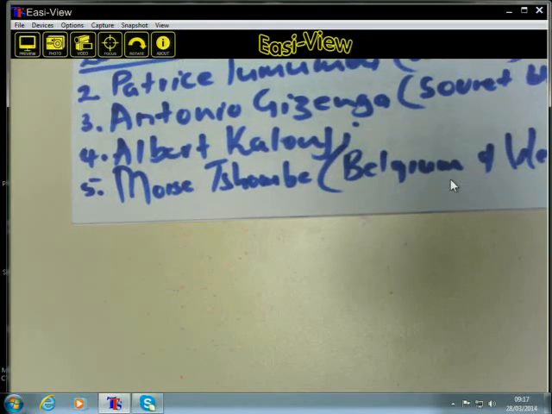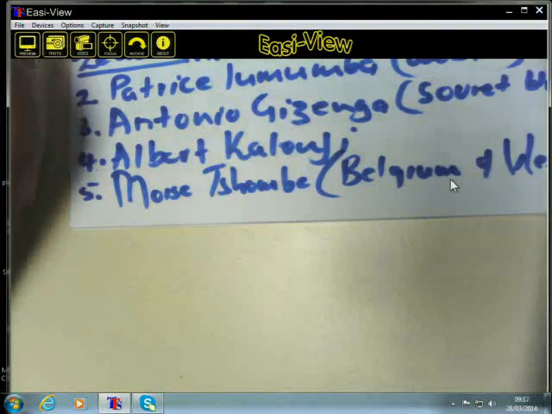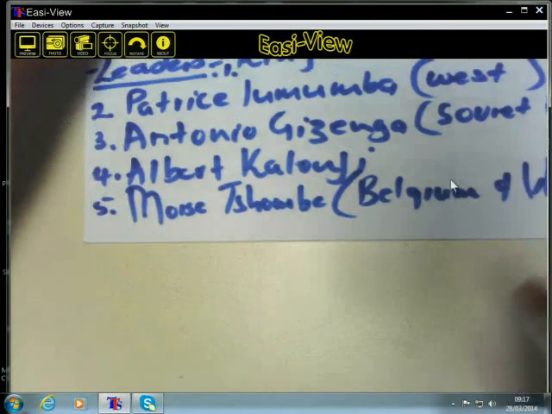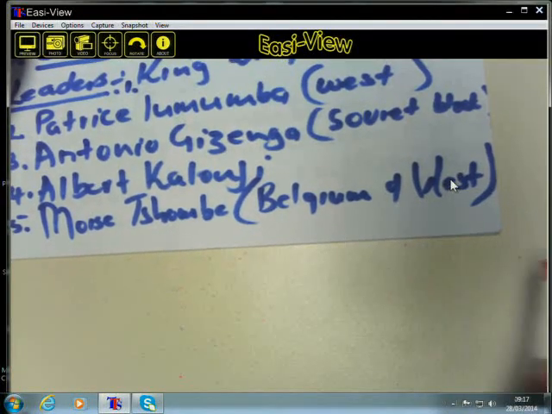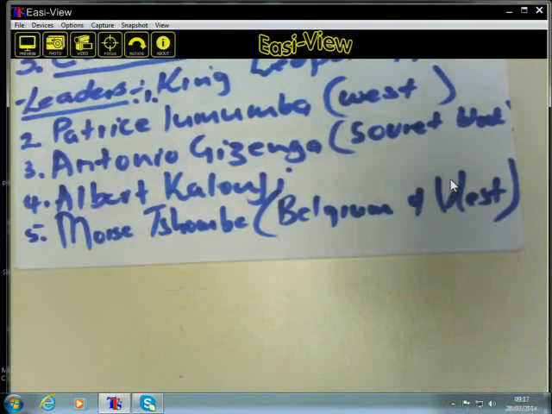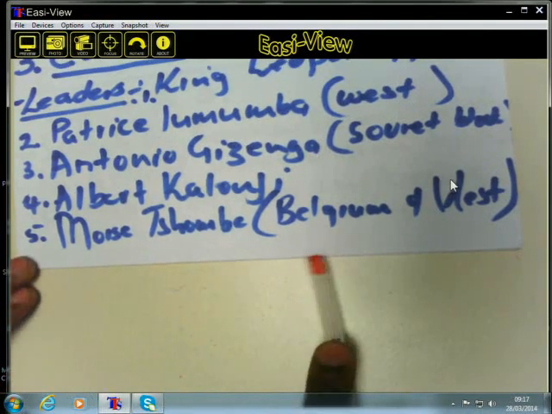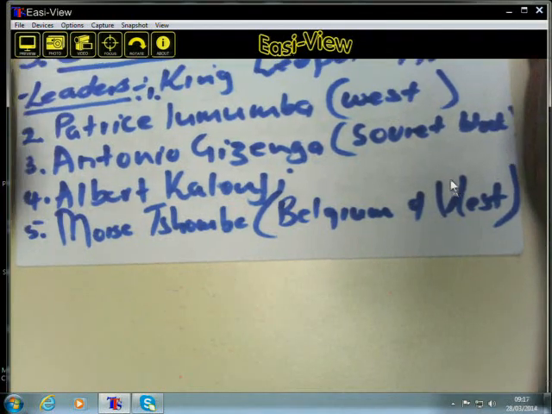And finally, Moise Tshombe, who was fully supported by Belgium as well as the West. Remember, the West are countries that support USA, which practices capitalism. So there were these differences between Moise Tshombe, who believed in capitalism, and Patrice Lumumba and Antoine Gizenga, who believed in the Soviet bloc. That was communism.